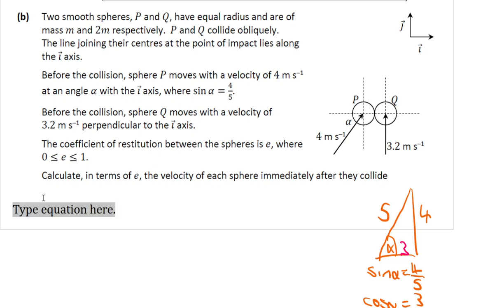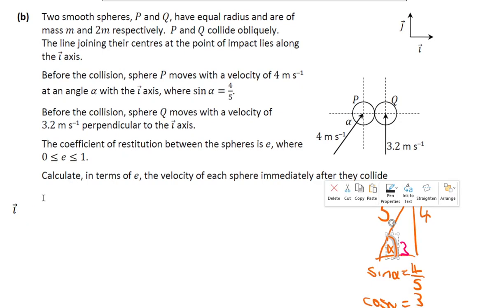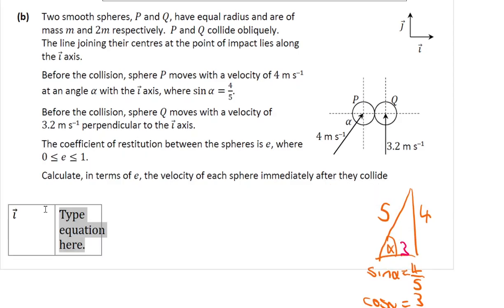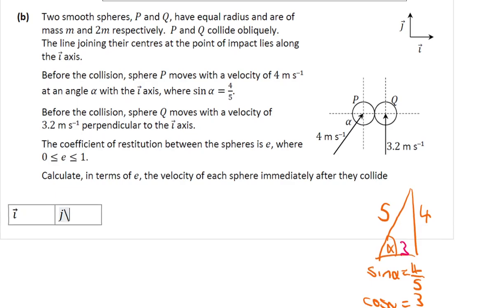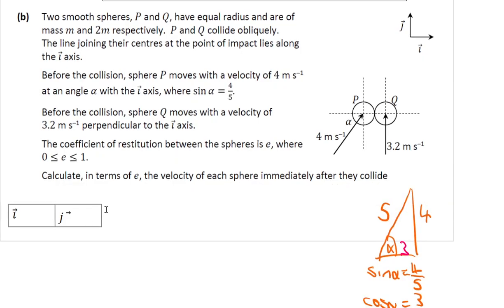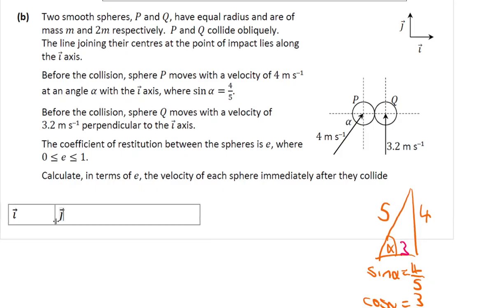So we're going to say the I direction and the j direction. You can use x and y if you prefer; I'm just going to stick with what the SEC has decided.